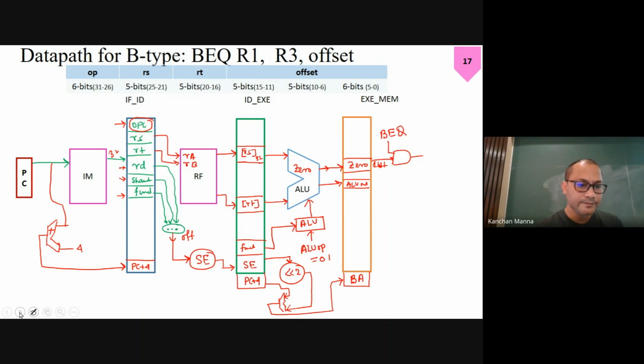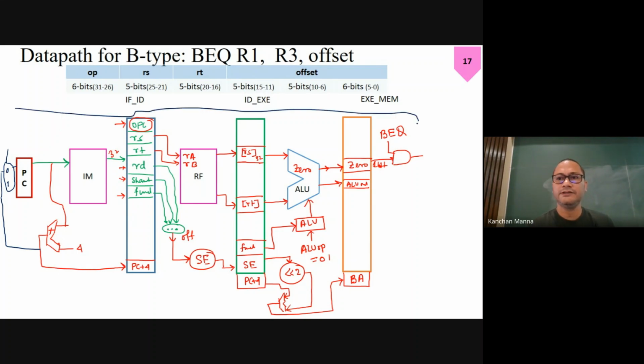A multiplexer, right? Let's say 0 and 1. If it is 0, then the value would come from here. And what could be the select input here? The output of this AND gate.